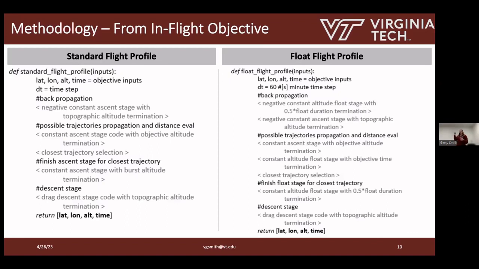It's then evaluated which of those trajectories gives you the closest path to your objective. That closest path is then forward propagated and continued, finishing your ascent stage and then going through your descent stage. The same thing applies for your float. It just assumes that the objective happens in the middle of your float. So it starts in the middle of your float, back propagates, creates the grid, forward propagates, and from there finishes the trajectory.